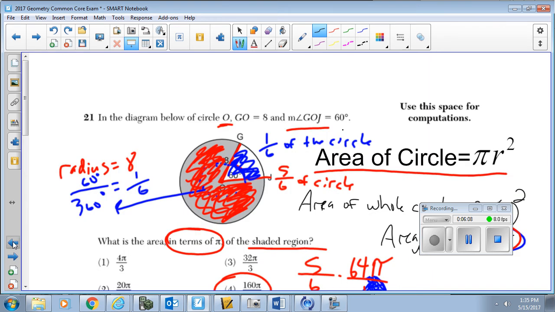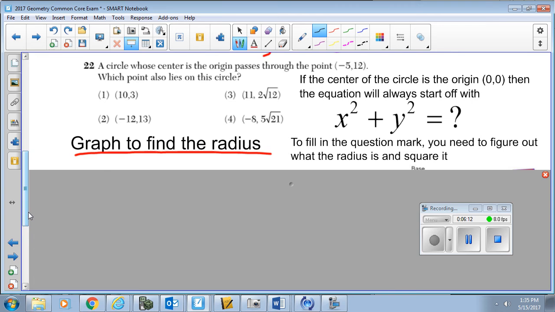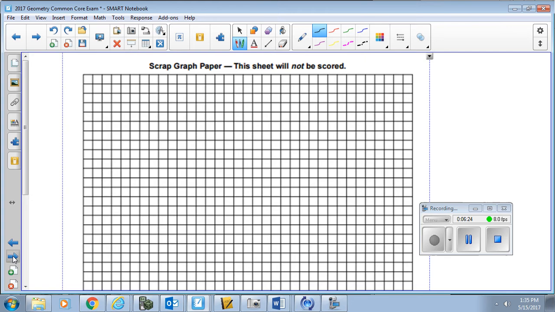Our center is going to be 0, 0, because that's the origin. And it goes through the point negative 5, 12, so the circle goes to this point. Let's draw that.